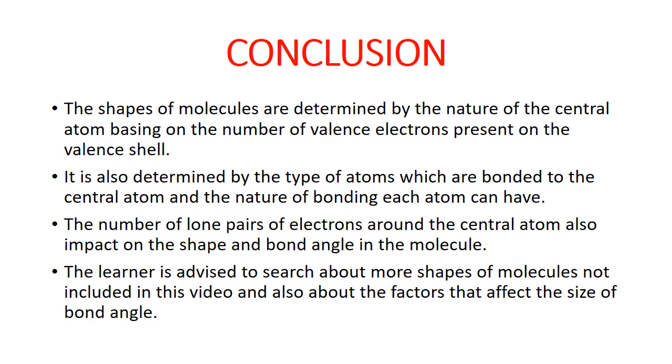The number of lone pairs around the central atom also impacts the shape and the bond angle in the molecule. However, for the learner's benefit, we are advised to search for more shapes of molecules which have not been included here, and also to look for the factors which affect the size of the bond angles in different molecules.